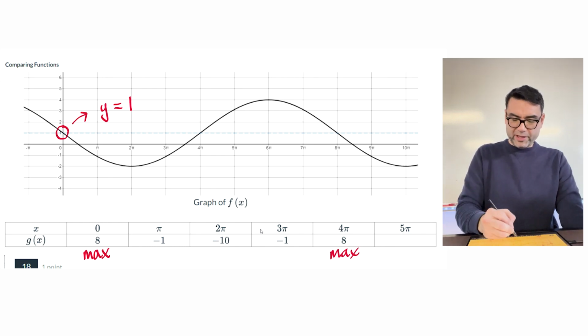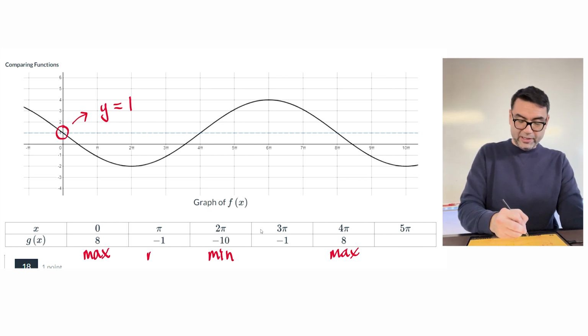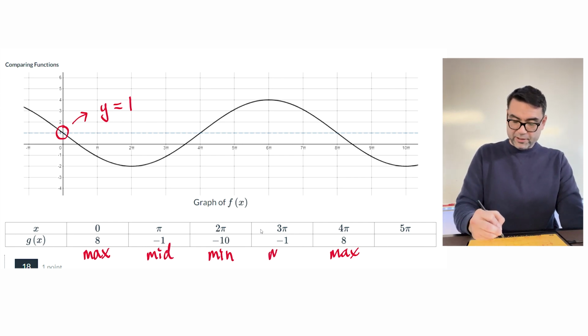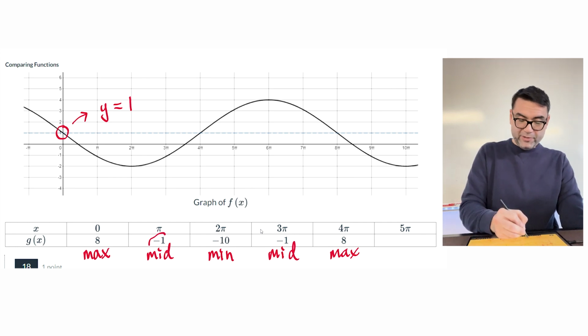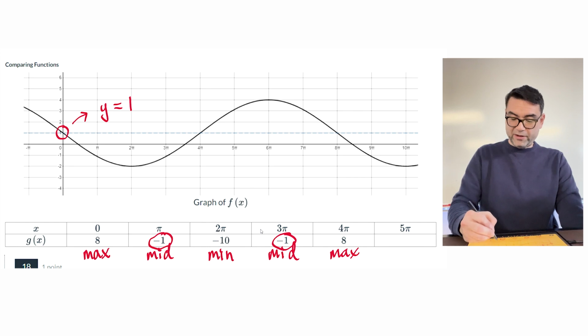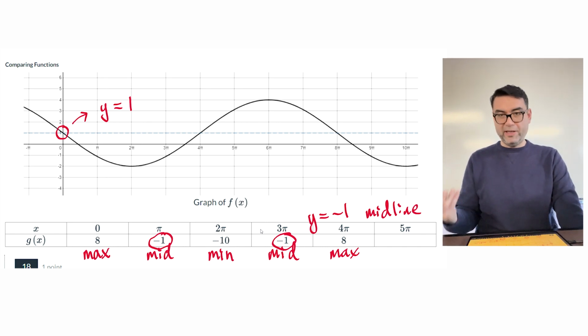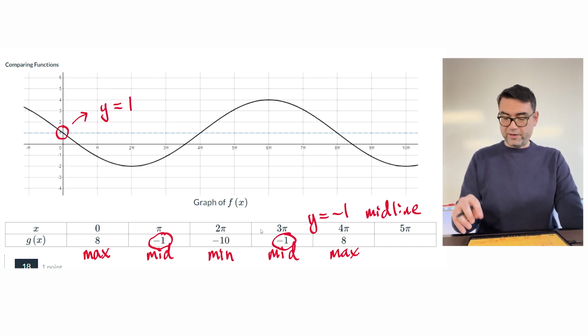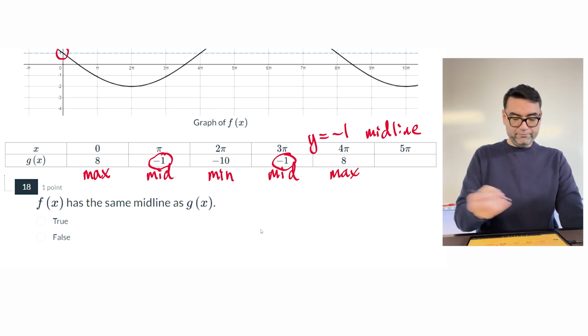So that must mean that right in the middle we have our minimum, and in between our maxes and mins we have our midline values. So our midline for this function is y equals -1. So they don't have the same midline. One of them is 1 and the other one is -1. So nope, false.